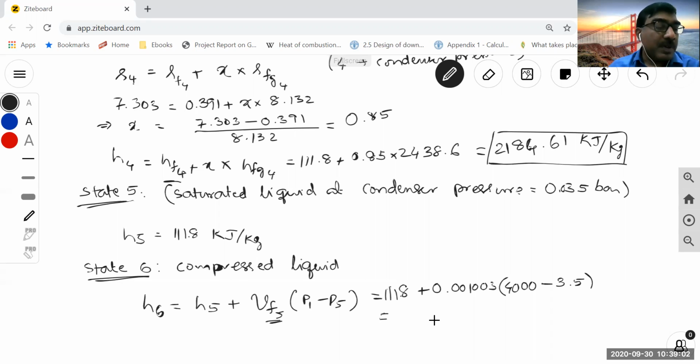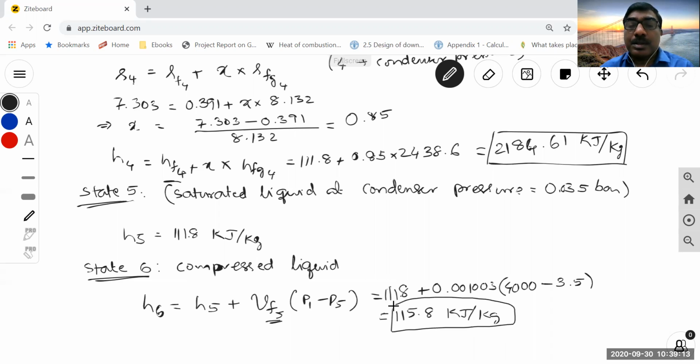This is coming to be 115.8 kilojoules per kg. This is H6. Now you got all the values.